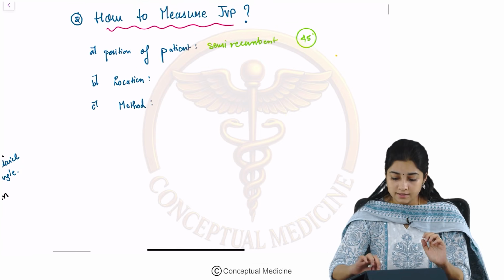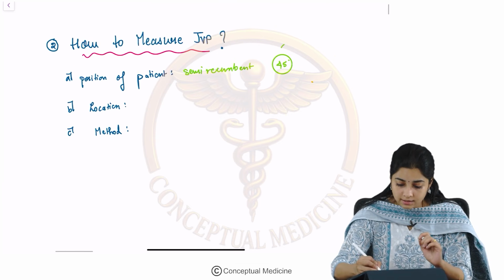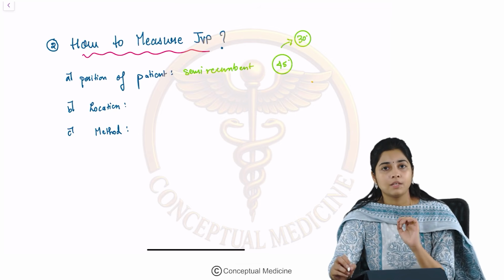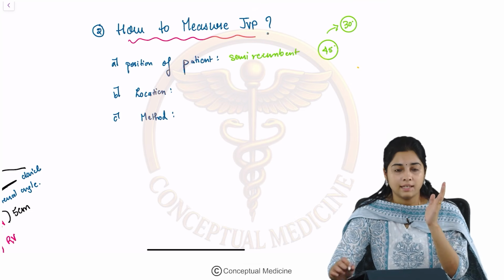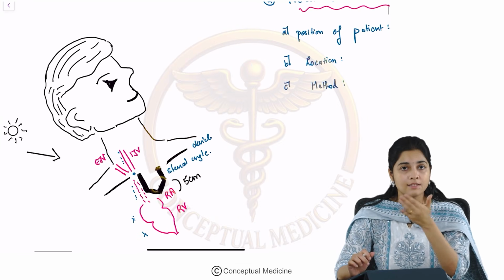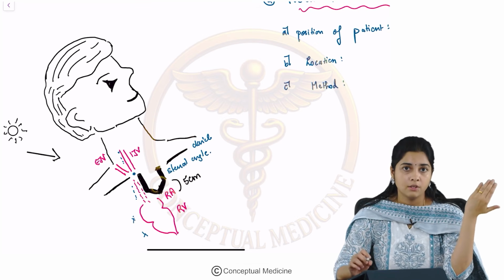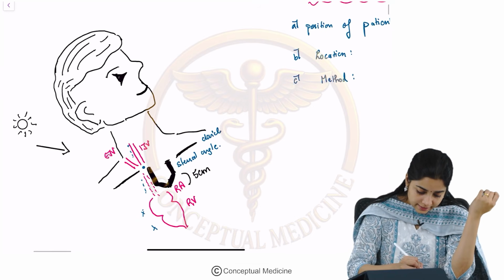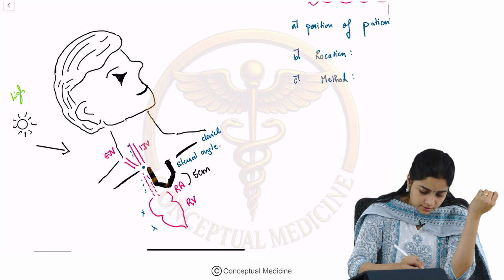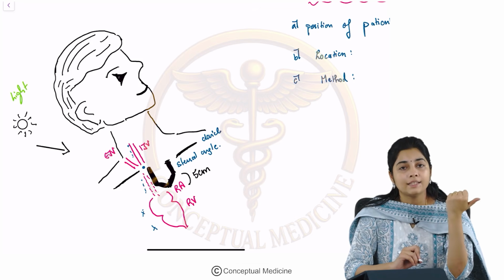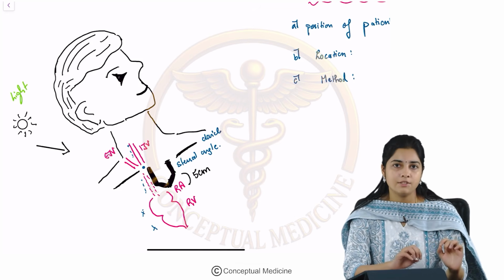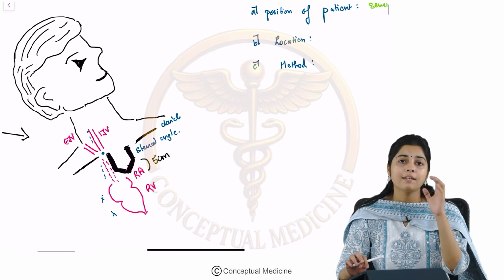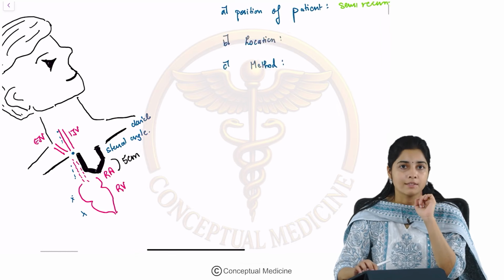The latest edition of Harrison says that 30 degrees is the position at which we look for the jugular venous pressure. As you can see here, he has turned his neck to one side. And this is your light source; the light should be at a tangential angle. So you shine the torch at a tangential angle, and that is when you look for the JVP pulsations.